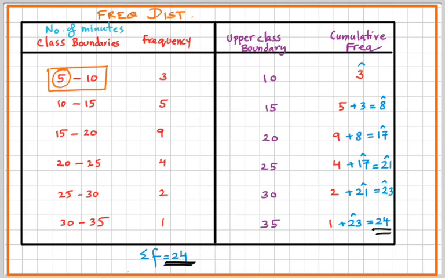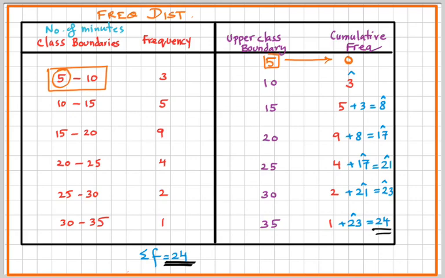According to this data, is there anybody in that particular class whose commuting time to school is lesser than 5 minutes? According to the data, the answer is no. That means you would write a 5 over here, and you would write a corresponding cumulative frequency of 0. That means according to the data, there is no one in this particular class who is reaching school in less than 5 minutes.